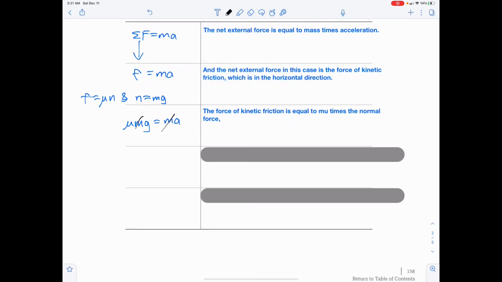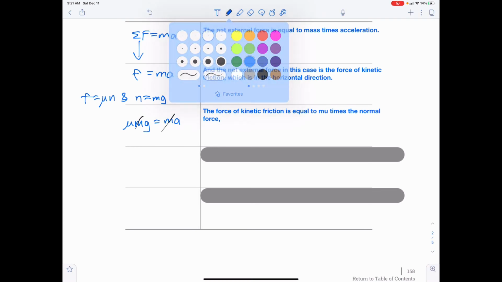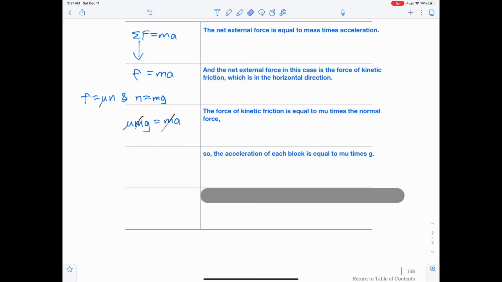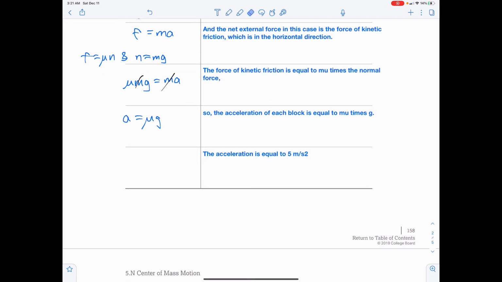Cancel out the m's, and the acceleration, therefore, is equal to mu times g. Plugging in, acceleration is equal to 0.5 times 10, which would be 5 meters per second squared.